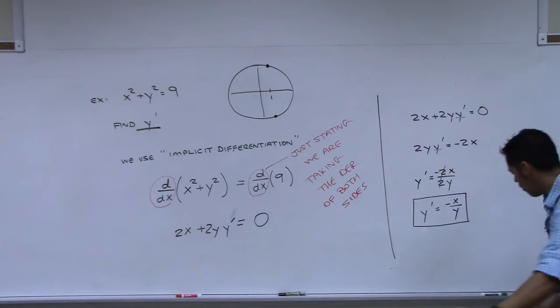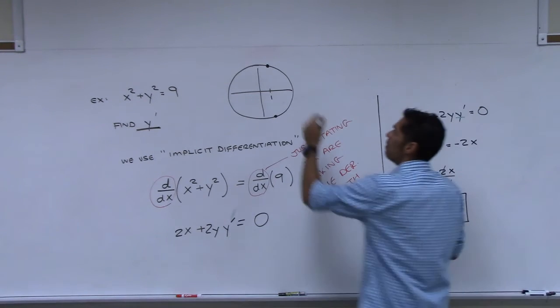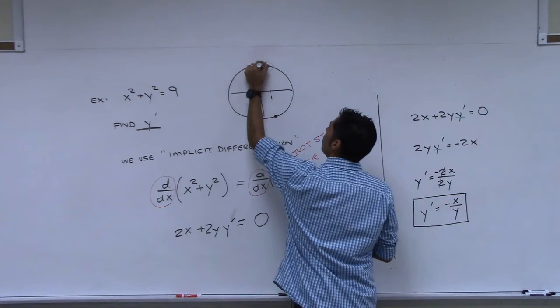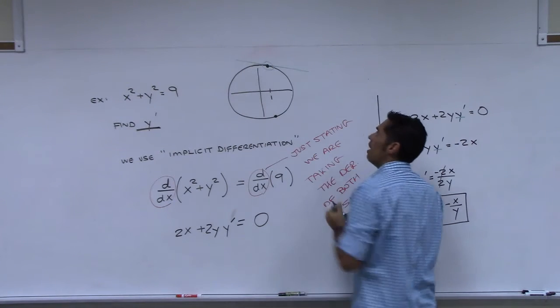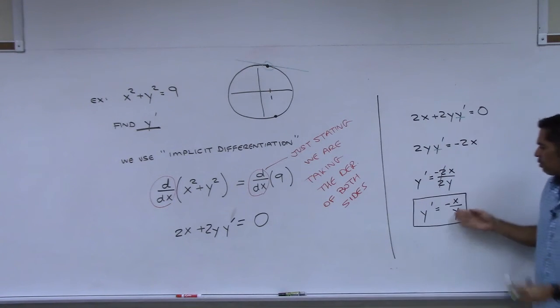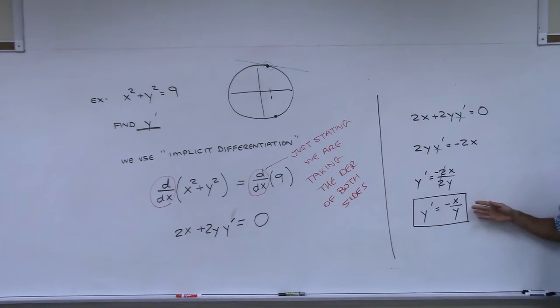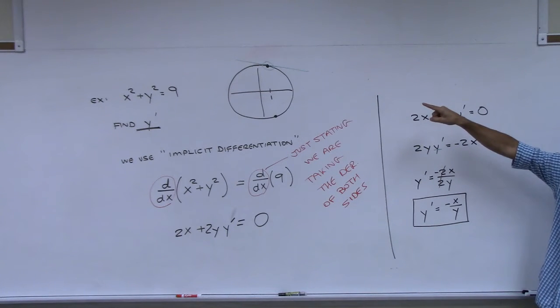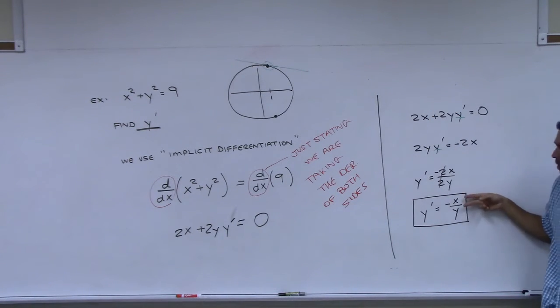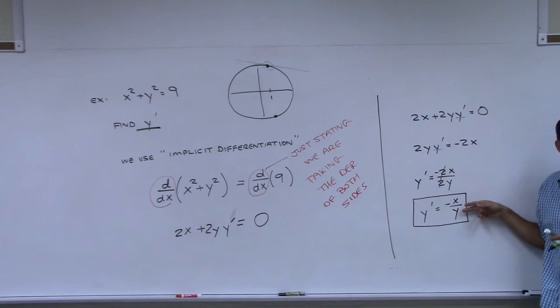Now, what if I wanted to know the slope of the tangent line here? What if I wanted to know the slope of the tangent line? I'm supposed to use this formula, right? Which says the slope of the tangent line is negative x divided by y. So what you're going to do is you're going to take your x coordinate, multiply it by negative 1, and then divide it by the y coordinate of that point. Right? So you need both the x and the y coordinate to get the answer.